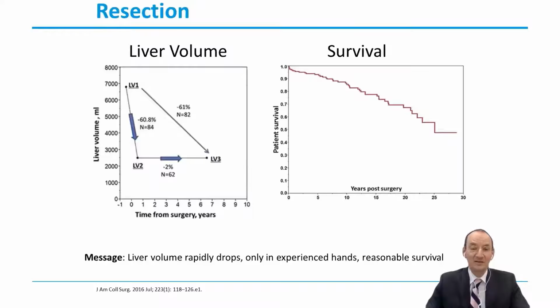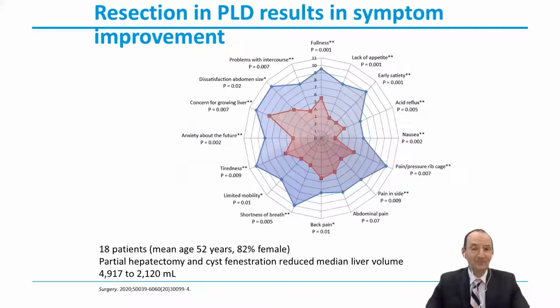The liver volume in these patients will drop by almost 2/3, and the survival of these patients is relatively good. And note that here on the horizontal axis, on the right graph, the years post-surgery are more than 25. So these surgeons coming from the Mayo Clinic have extensive experience with this type of surgery.